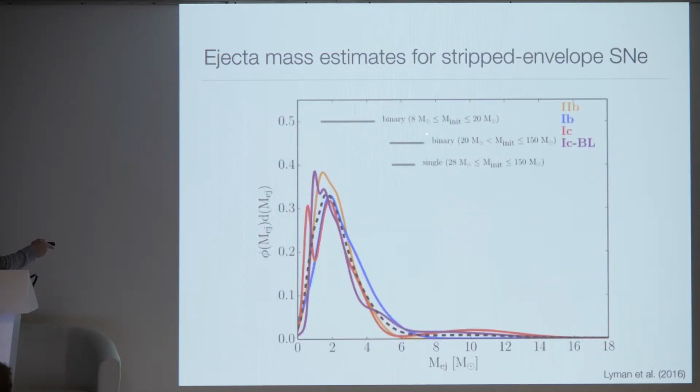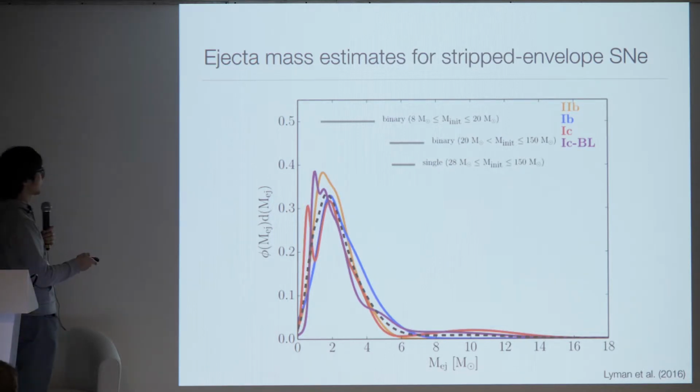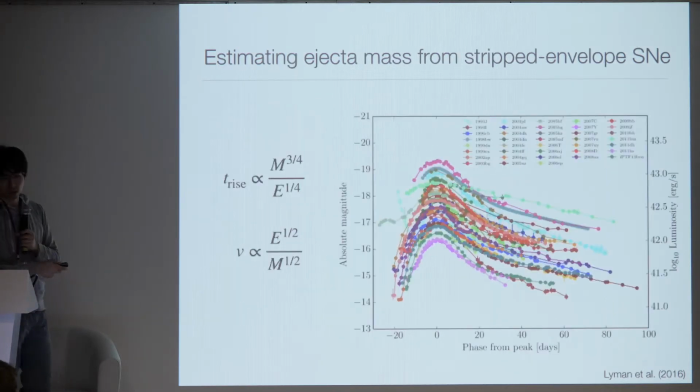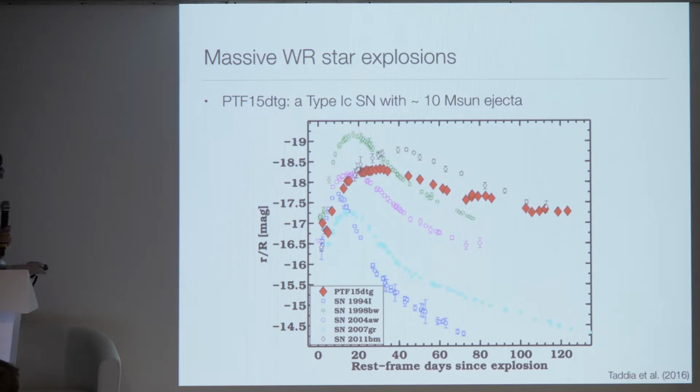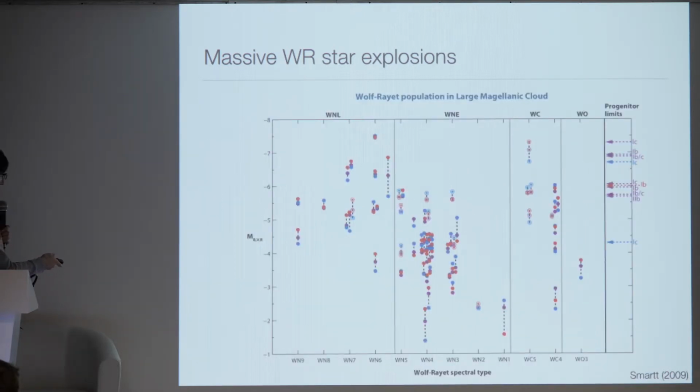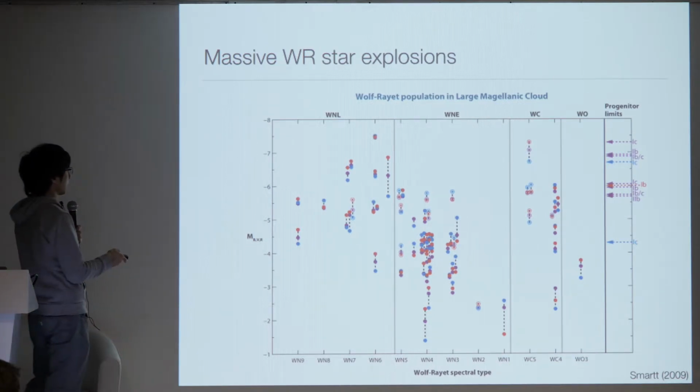Of course, it's hard to distinguish if they are in a binary or really single, but there are some supernovae which you can explain without invoking binary stellar evolution as well. Another argument against single star evolution was the non-detection of type Ibc supernova progenitors, which was also explained by Masaomi.